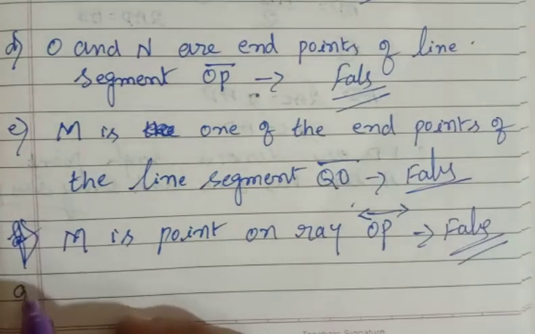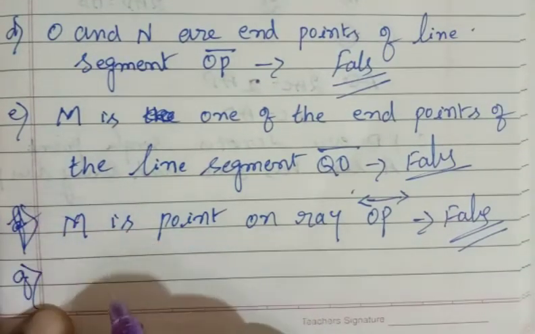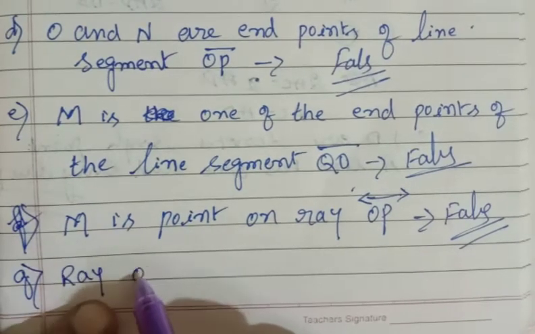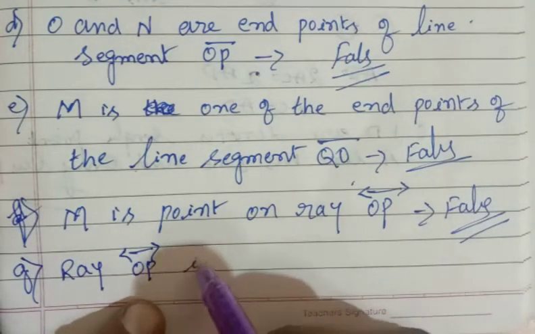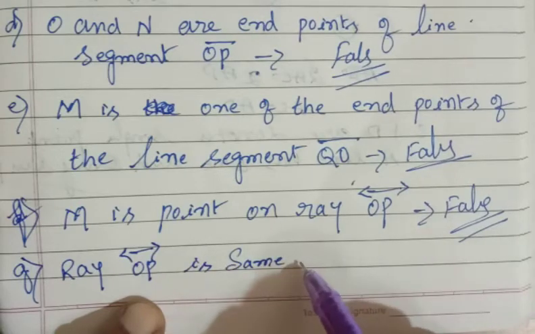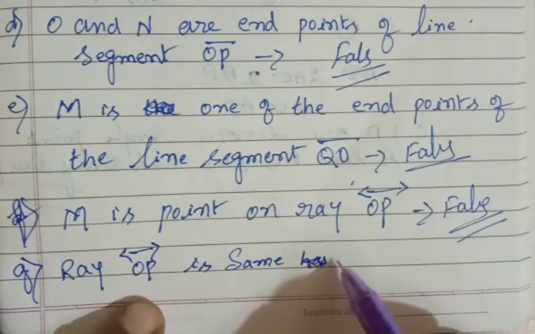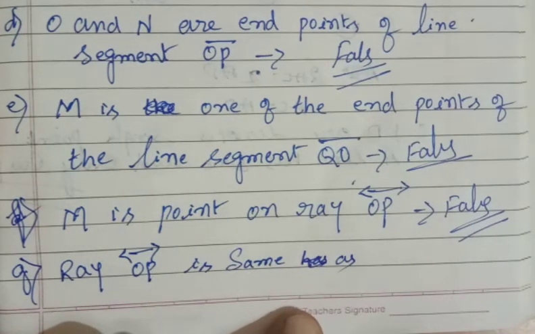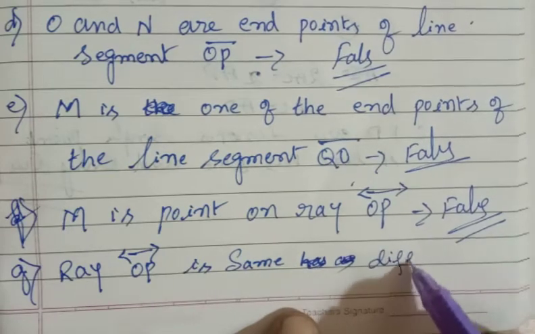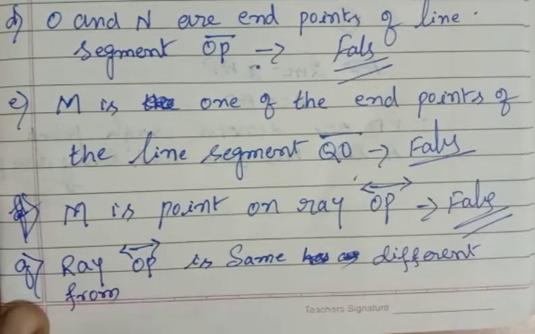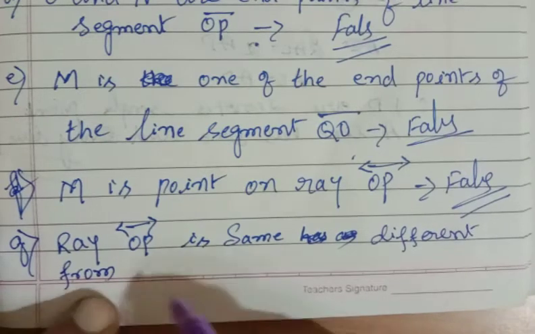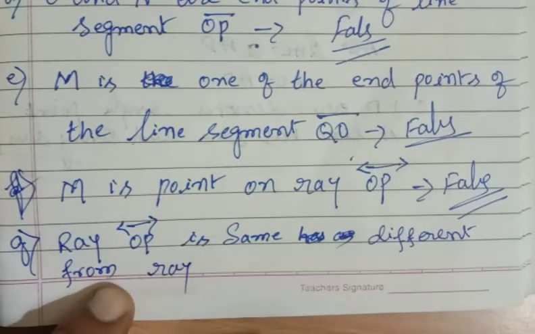Now take G: ray OP is different from ray QP.